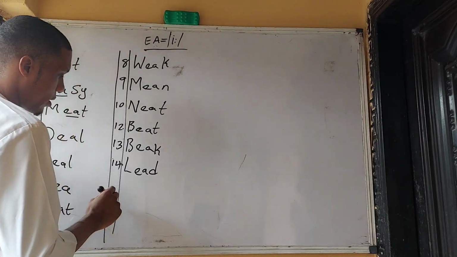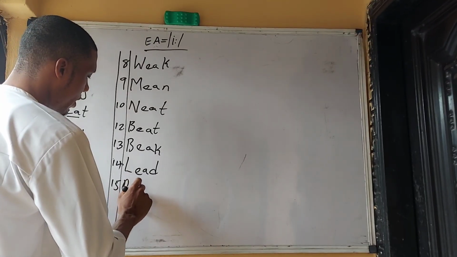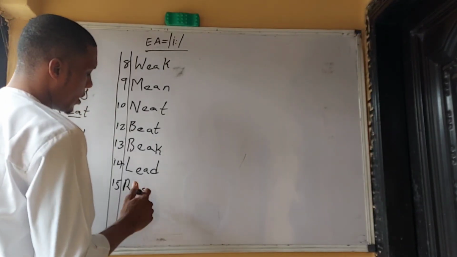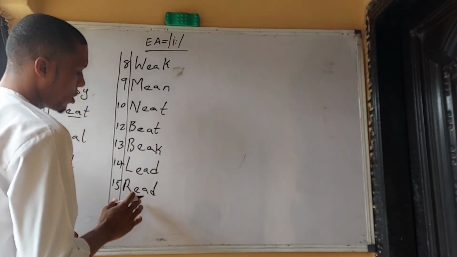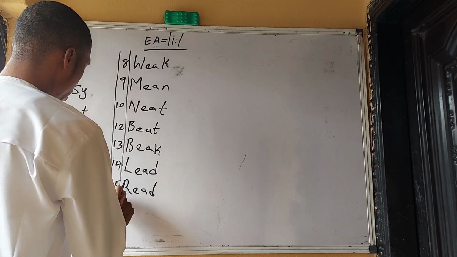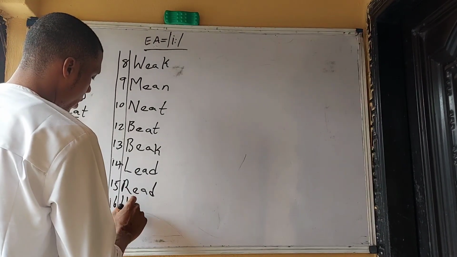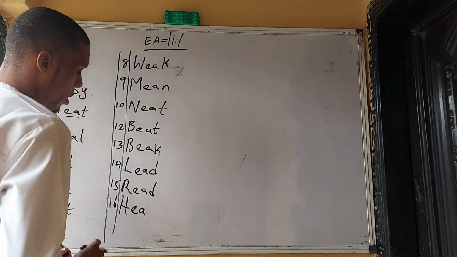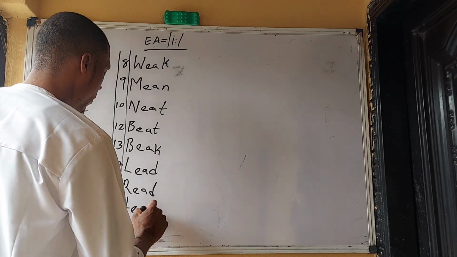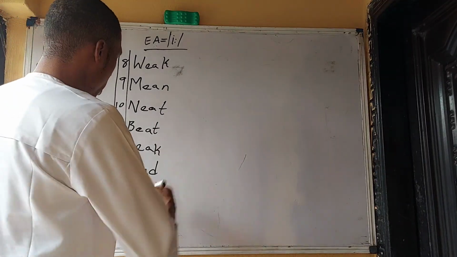Lead. 15, R-E-A is Re. Re. If you add D to it, becomes what? Read. Read. Number 16, H-E-A is he. H-E-A is he. If you add P to it, it becomes what? Hip. Hip.